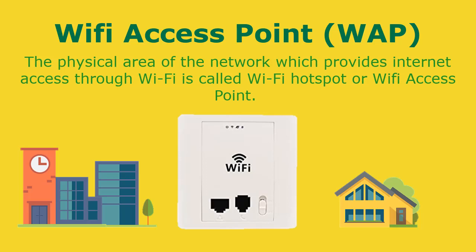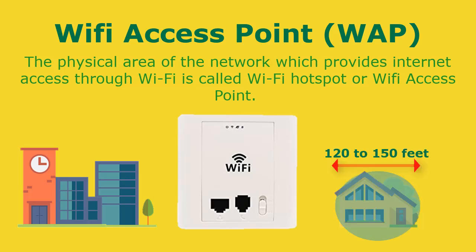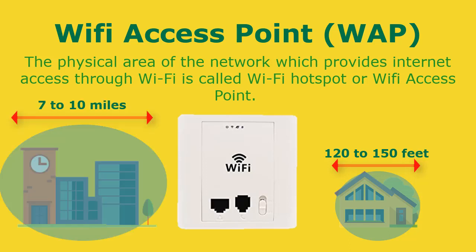Every access point has a range of around 120 to 150 feet for home, or much larger for a school or university, and only devices within this range can connect to the network. There can also be a limit on the number of computing devices that can connect to the network.